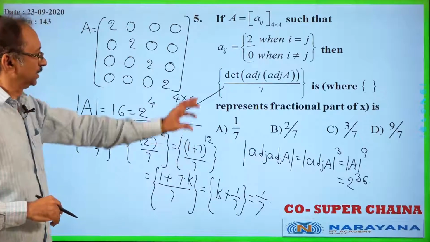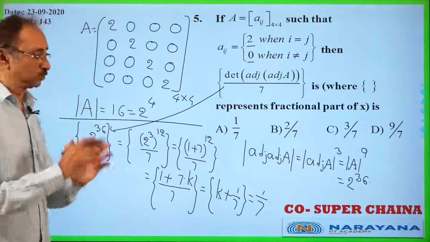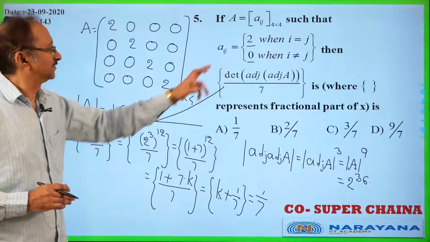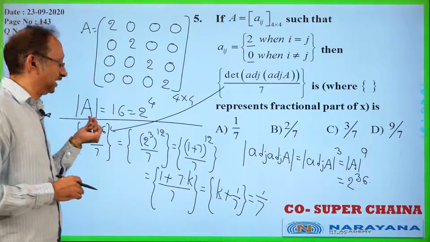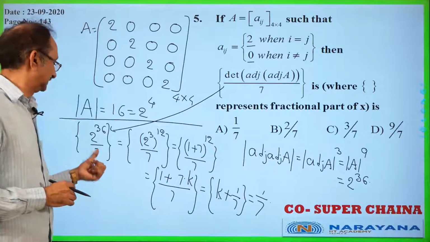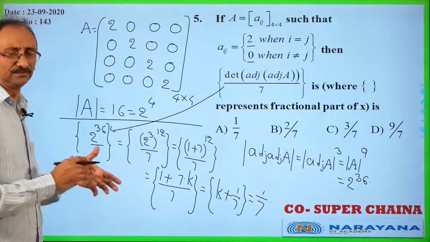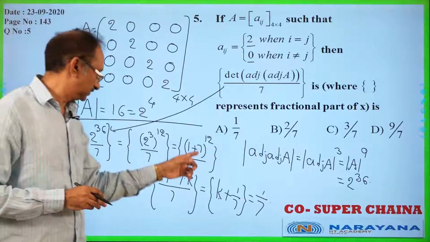Once again, if you see the question first, determinant of adjoint of A. First we prepare that. After that, we define capital A clearly and we find det A. By substituting that here, 2 power 36 by 7, we need its fractional part. We don't have calculators, therefore we have to use this expansion method.